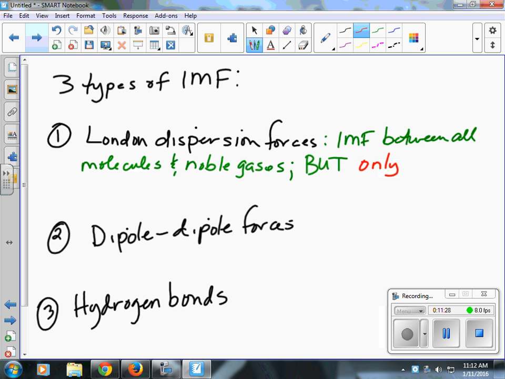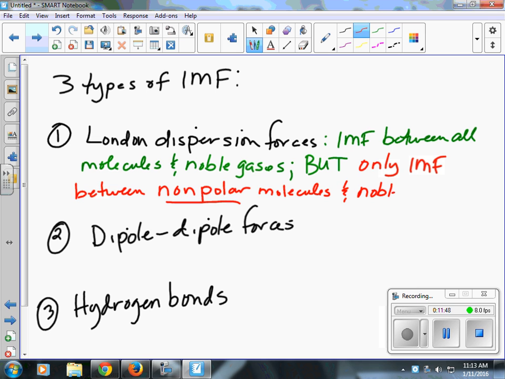Okay, they are the only IMFs that hold together non-polar molecules and noble gases.